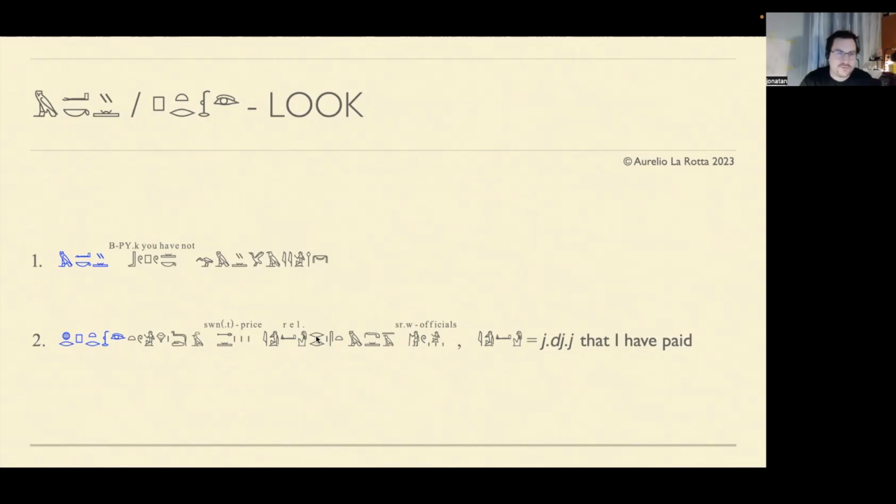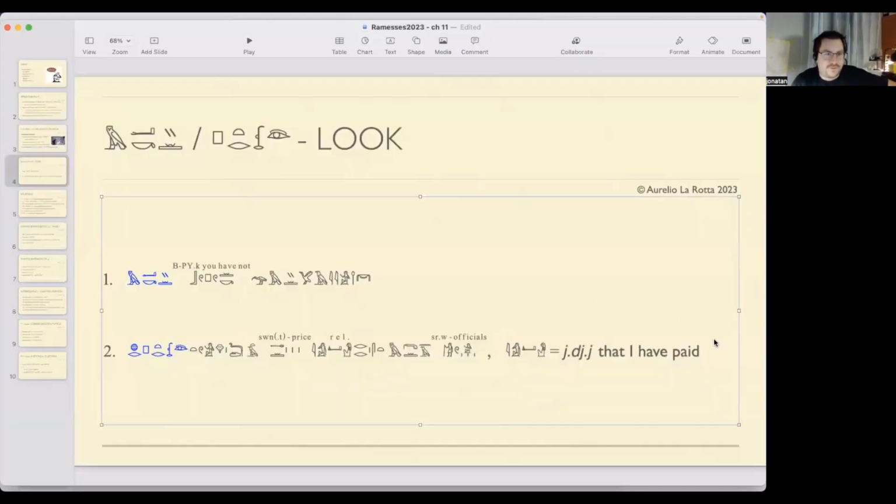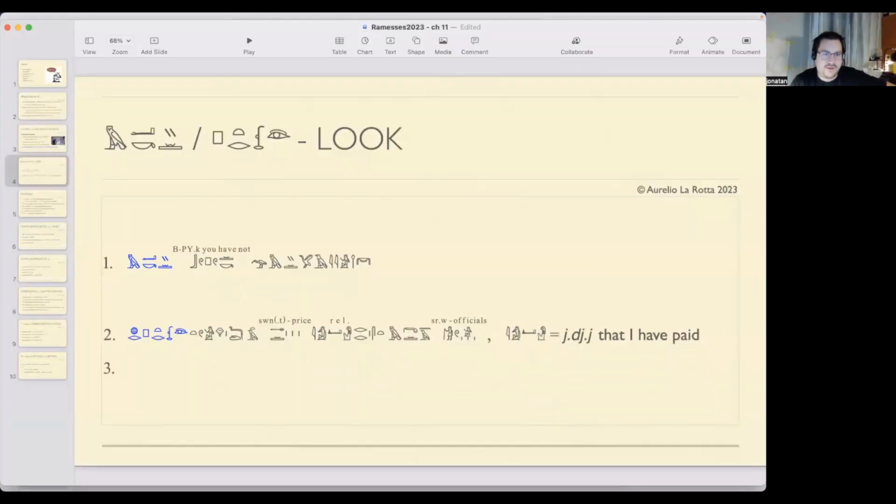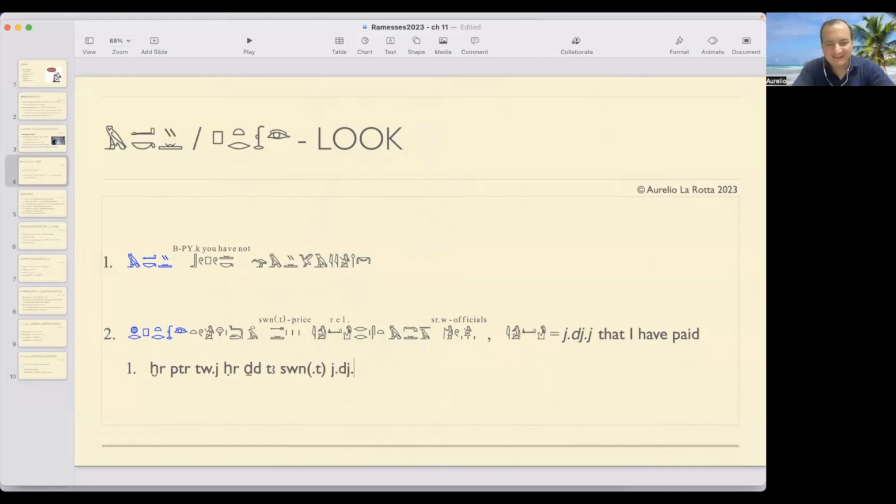I can try, but so that would be Herr Petter Tui, Herr Jed Ta Sud. Yeah, Set.